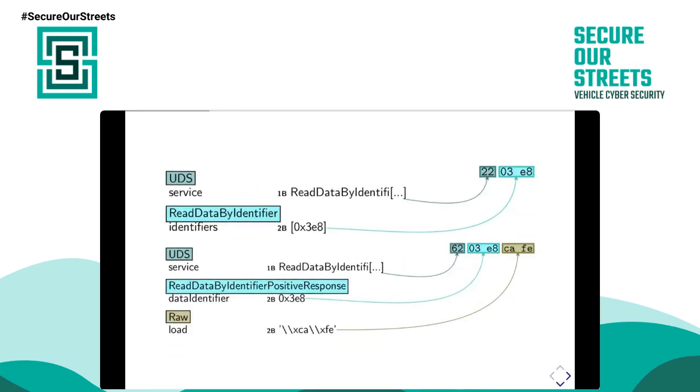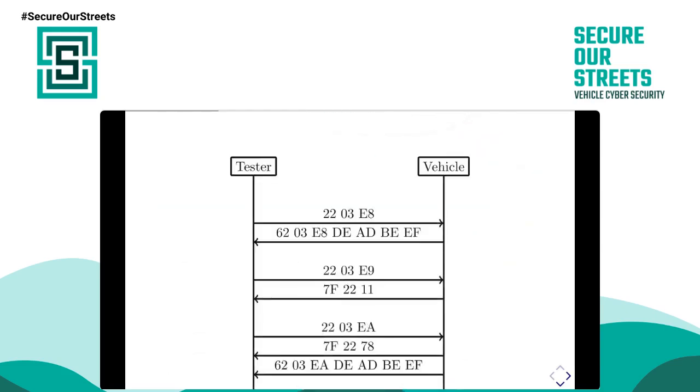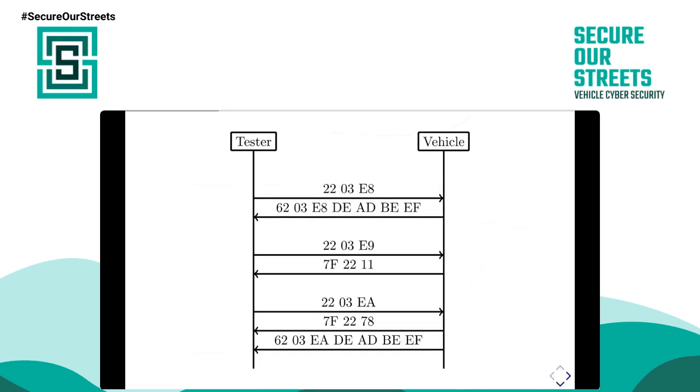Here's an example of a request and a response. 2203E8, for example, is a read data by identifier request, and the response is 6203E8, and the data payload is coffee in this example. In UDS, we have three types of responses. Either positive responses: in the first example, we see the 22 and the 62 as service identifiers. Or negative responses, which is the 22 and the 7F, where 7F is the negative response code.